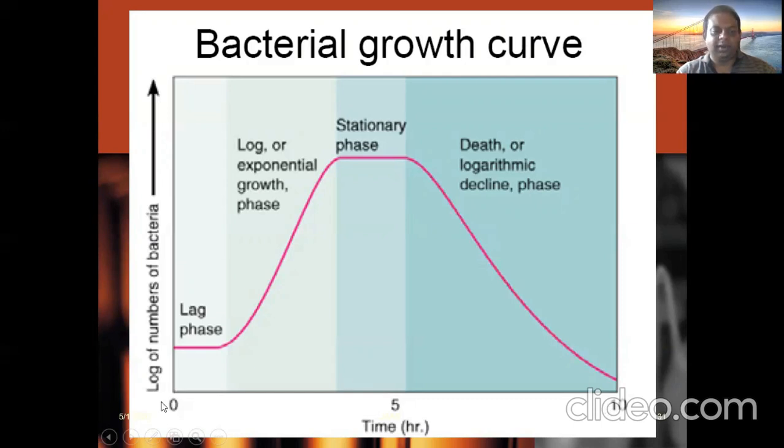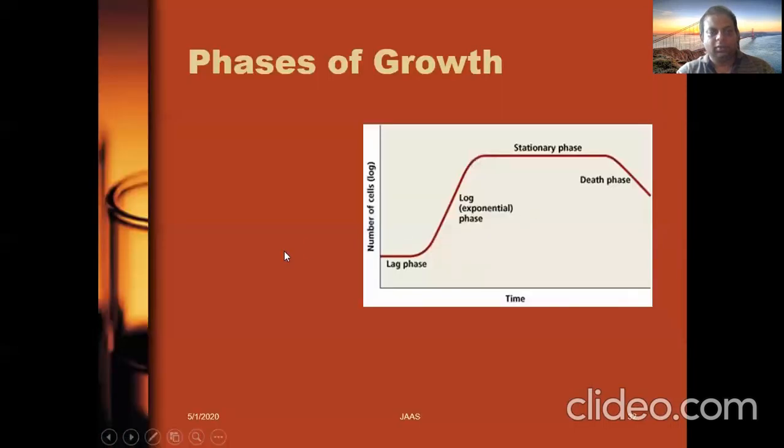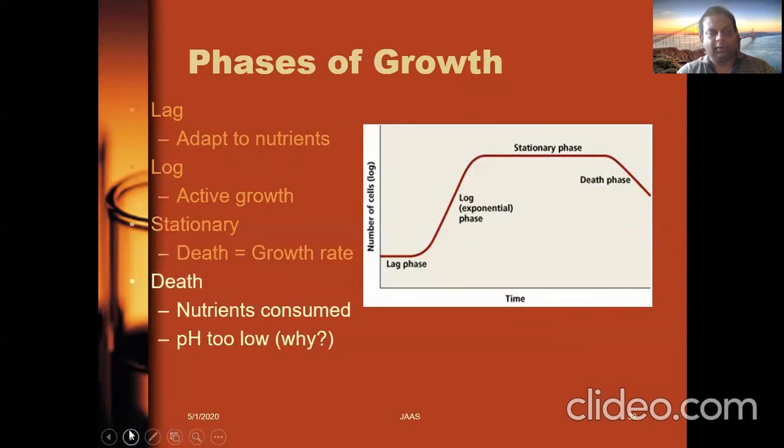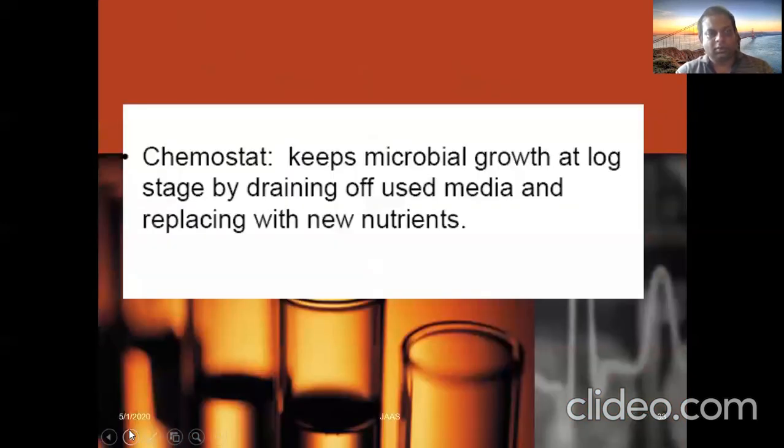But the time frame depends. Here, the same thing: excess of growth, death, as I said, nutrients consumed, pH too low. So there is a chemostat. It keeps microbial growth at a low stage by draining off used media and replacing it with new nutrients.